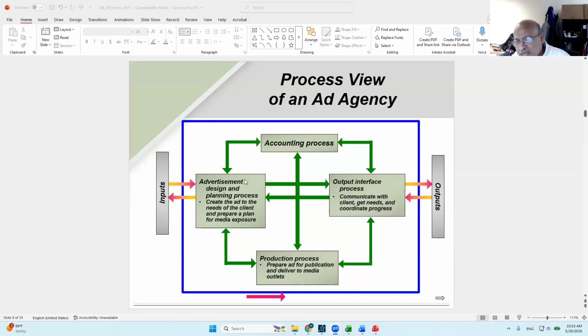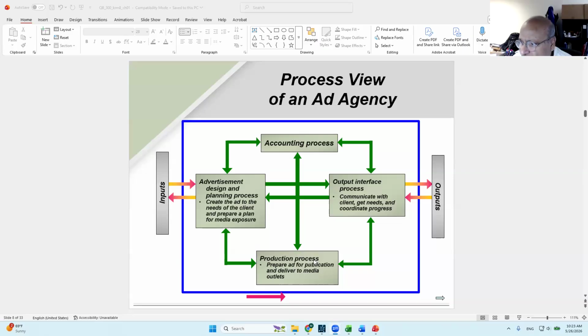Once they got into the design and planning process, that order, then they will talk to the accounting process. We need this much money to create the output. Then they will also contact the production process in order to produce that advertisement. Once the production process produces that advertisement, they will be in connection with the accounting process. I need this much money in order to create this advertisement.